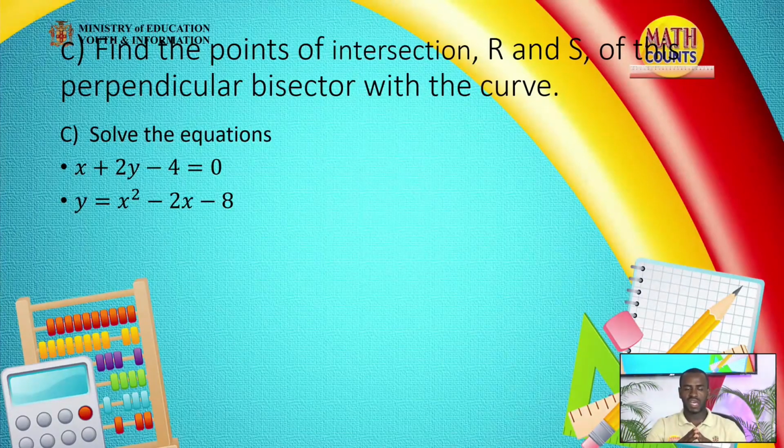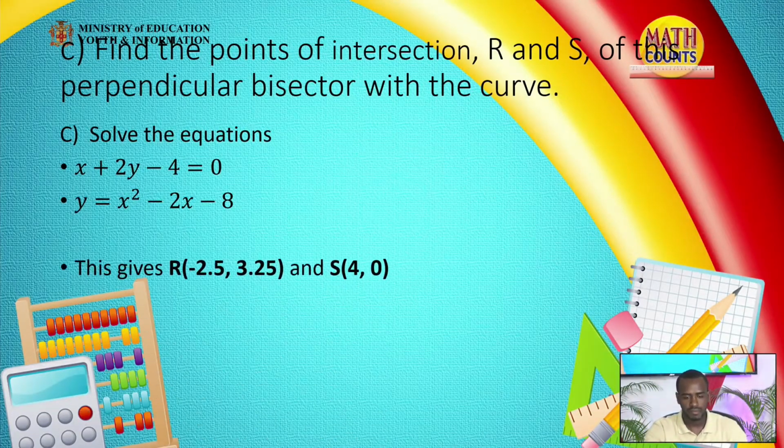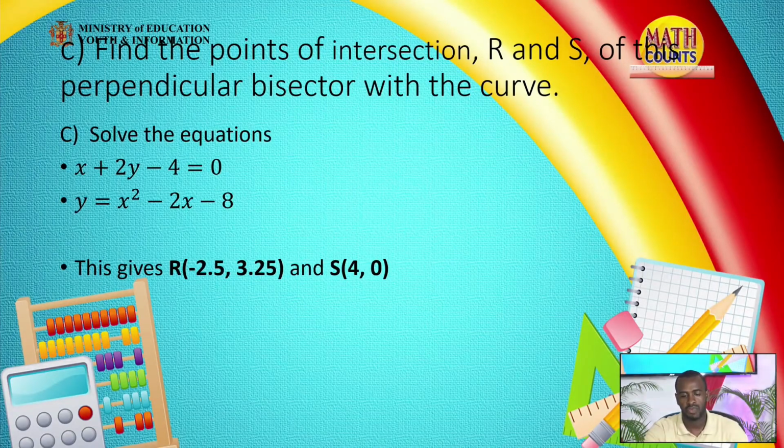And ensure that at the end you get your points of intersection to be R, negative 2.5, 3.25, and S, 4, 0.